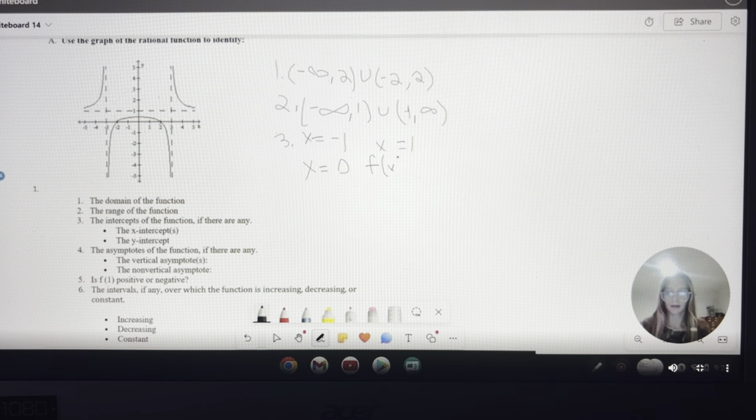Okay. So then for the asymptotes of the function, first for the intercepts, we want to just make it into this form.